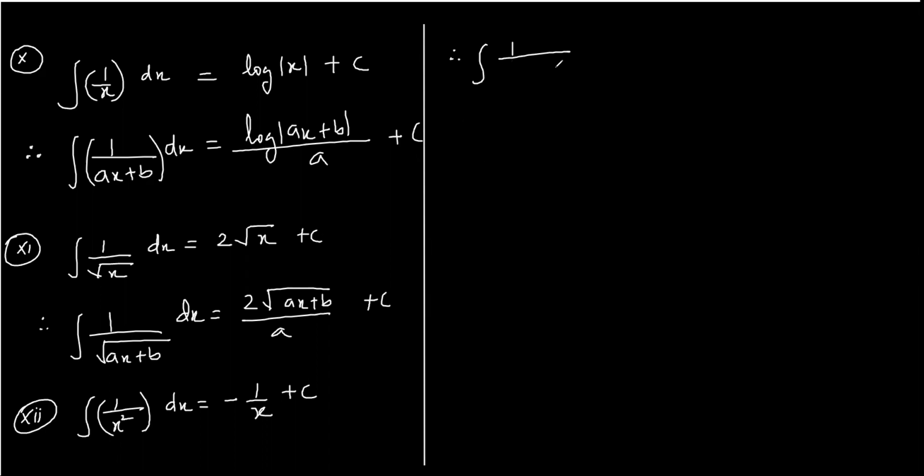Here, the only thing I will do is I will write ax plus b square dx is minus 1 upon ax plus b and whole thing divided by a. So that is into a plus c. This is final. 1 upon ax plus b the whole square dx is minus 1 upon ax plus b into a plus c.